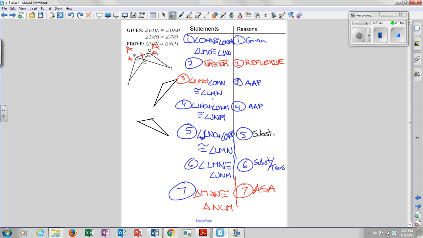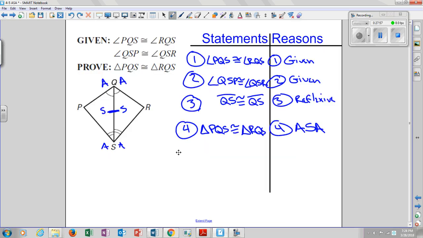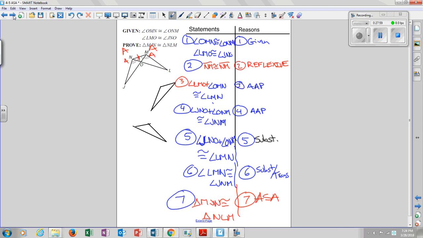I'm sure you have some questions on that. Rewatch the proof again. See if you can make the connections. It's important to realize that triangle congruence proofs can be this simple, or they could be this complicated.